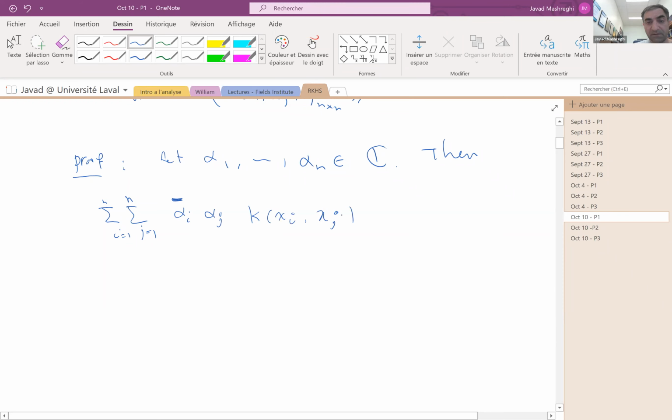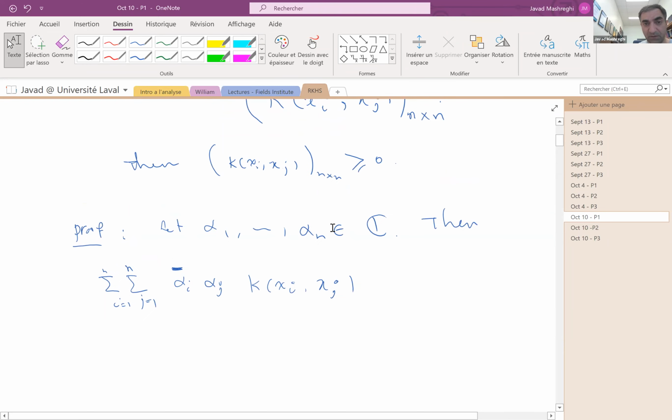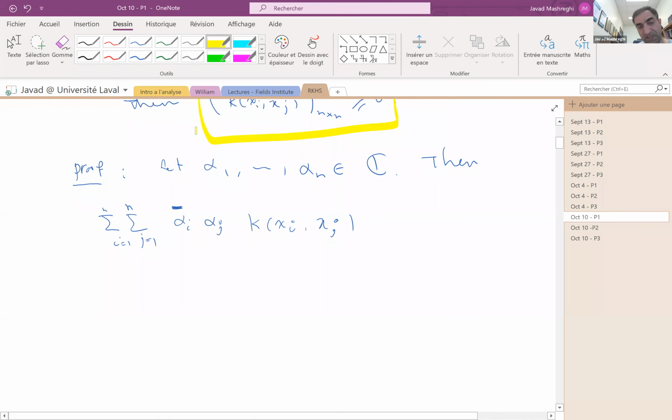The thing I mentioned above, that this matrix is positive, is equivalent to saying that this combination is bigger than or equal to 0 for any choice of alpha 1 up to alpha n. But then to show this, just recall the definition of capital K at point x, y.